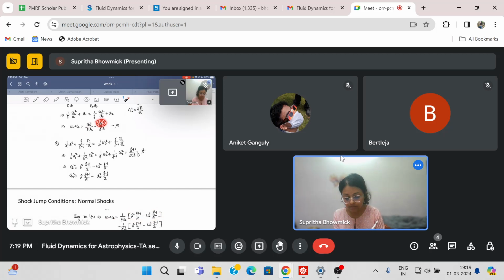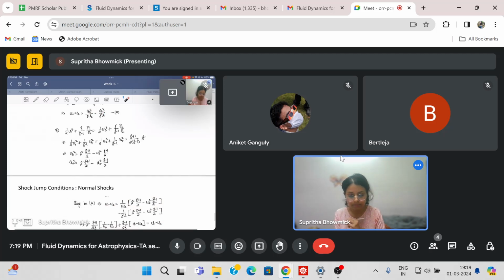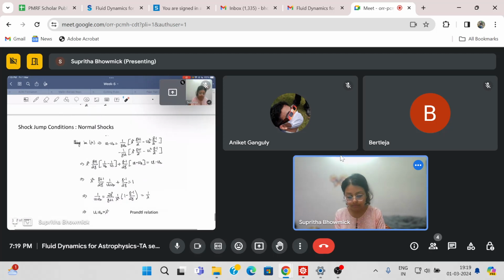Substituting cs1 square, we get this. Rearranging, just rearranging, we collect this term, write it down with this term to get this, and we collect this term and write down this.